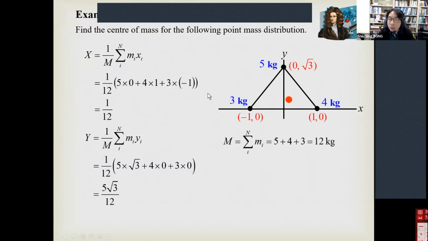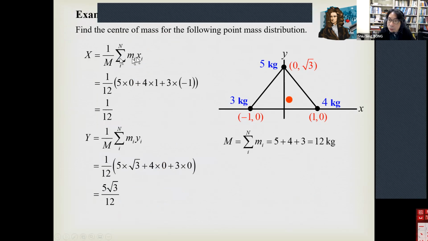Now let's look at this example, the two-dimensional example. You have 3 kg and 4 kg placed along the x-axis, and a 5 kg mass placed on the y-axis. And the coordinates are given in the red numbers.